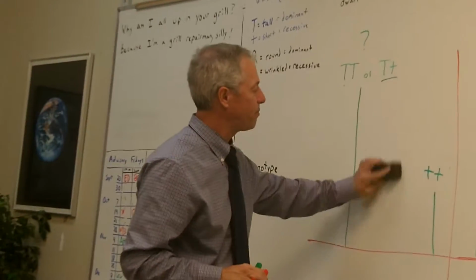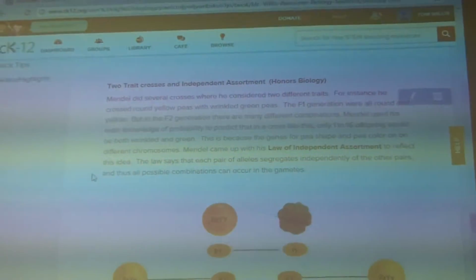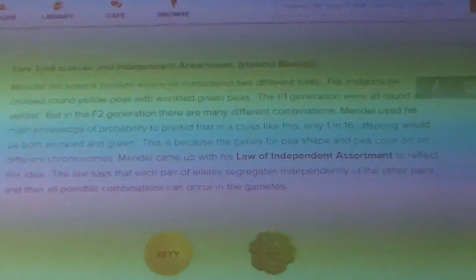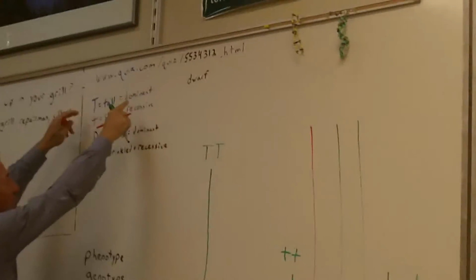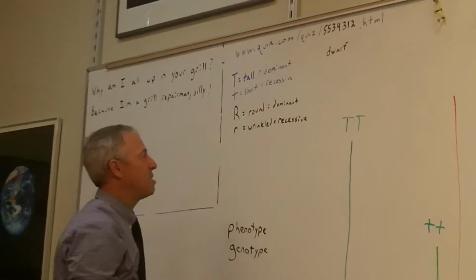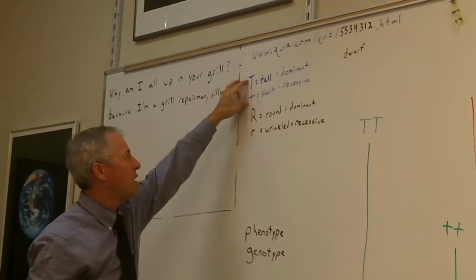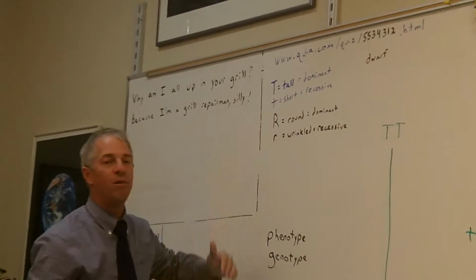It talks about how Mendel wanted to consider not only one trait, like tall and short, he would consider two traits. Like not only tall and short, but also round and wrinkled.